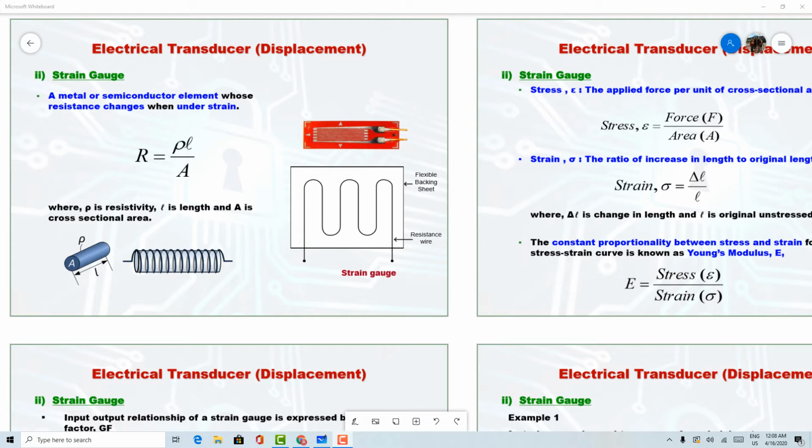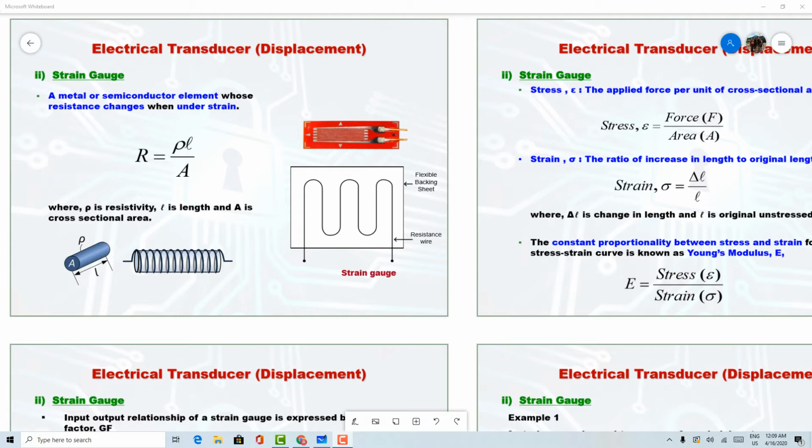A potentiometer is an electromechanical device containing a resistor that is contacted by a moving slider. Motion of the slider results in a resistance change.